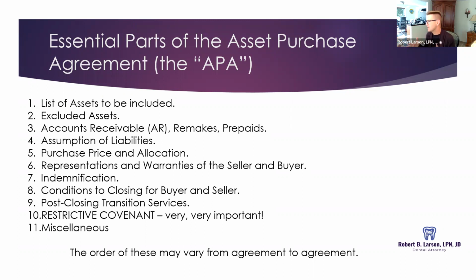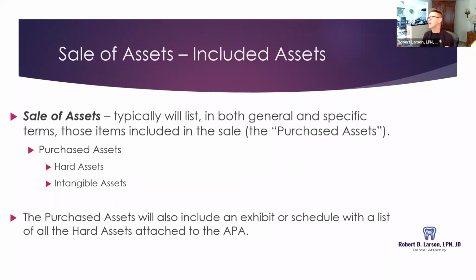Representations and warranties of seller and buyer, indemnifications, conditions to closing, post-closing transition services, which most sellers are going to provide, restrictive covenant, another hugely important part. And then miscellaneous. It's going to be kind of the kitchen sink where everything else is thrown. In an asset purchase agreement, these are going to be there in some form or another, but the order might be very different.